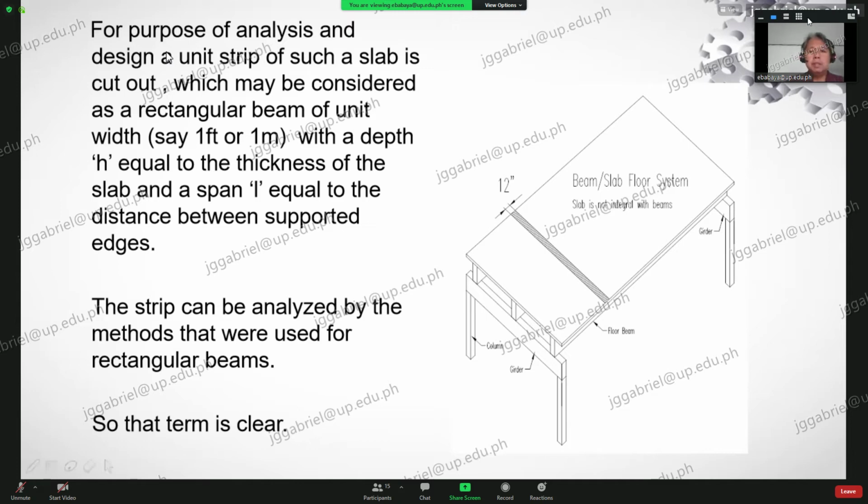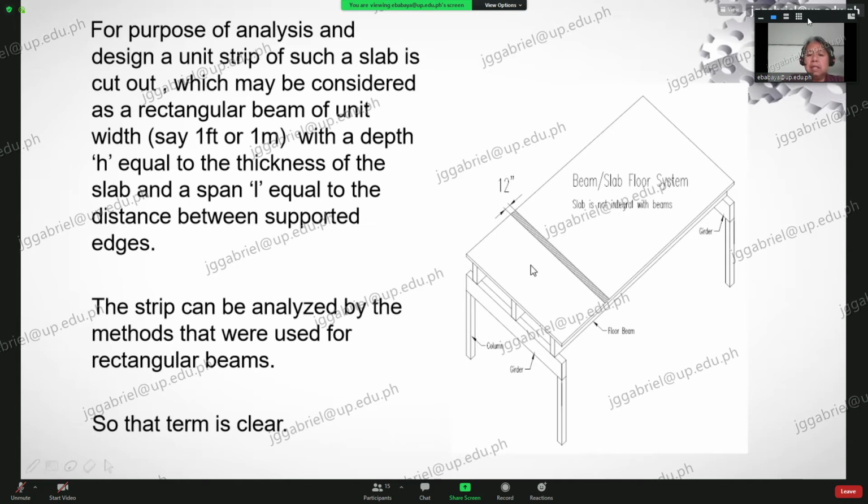For purpose of analysis, okay, a unit strip of such a slab is cut out. Ito yung sinasabi ko sa inyo, 1 foot, that's 12 inches, which may be considered as a rectangular beam of unit width, say, 1 foot or 1 meter. Pwede rin 1 meter, no? If we are using a metric unit, with a depth of h equal to the thickness of the slab and a span L equal to the distance between supported edges.